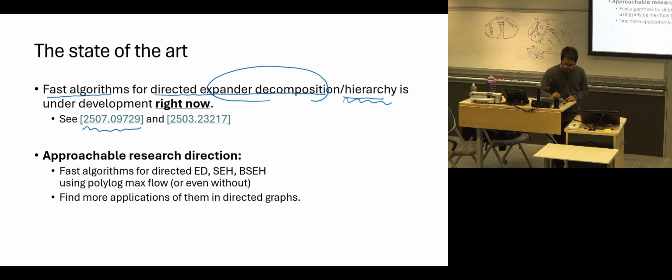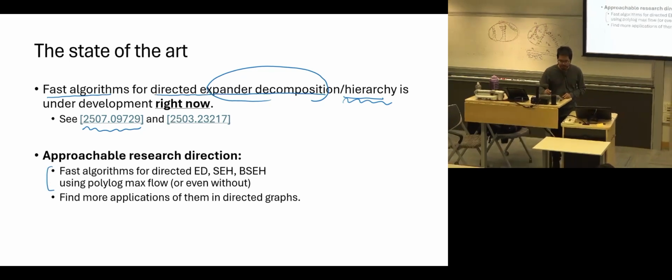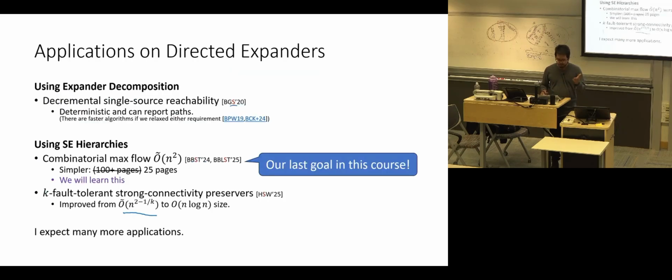After this course, you can, for example, try to get a fast algorithm for SE hierarchy or BSE hierarchy using polylog MaxFlow, or even without, one that uses only push-relabel. And find more applications. But in the next 3 classes or so, we're going to see how to use the SE hierarchy for MaxFlow. So that's the goal for the rest of the course.